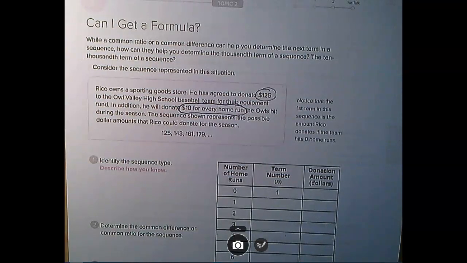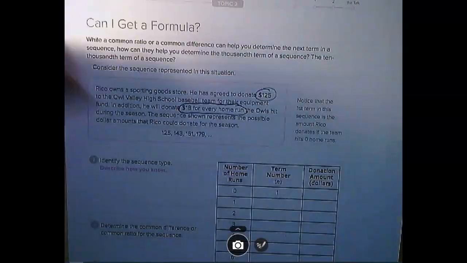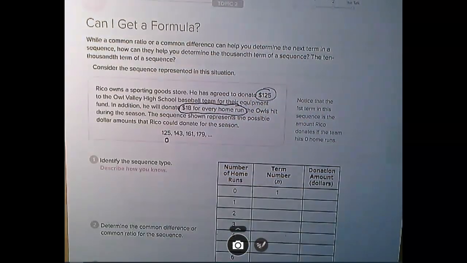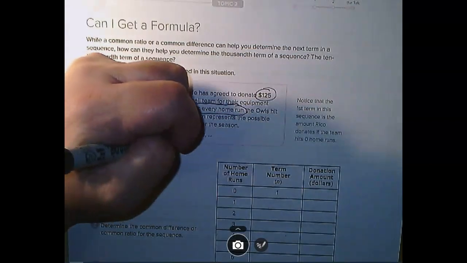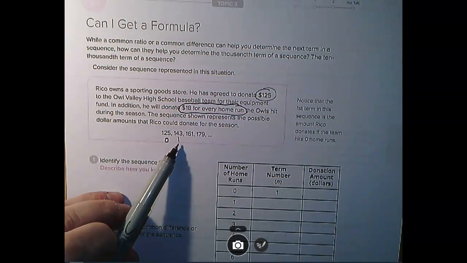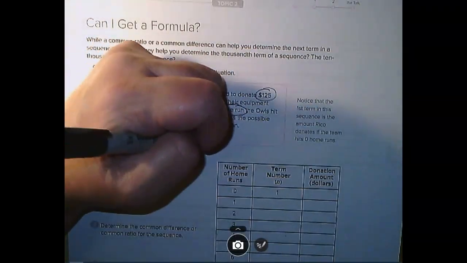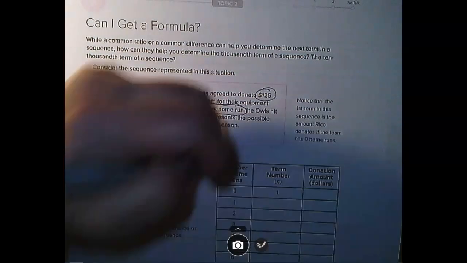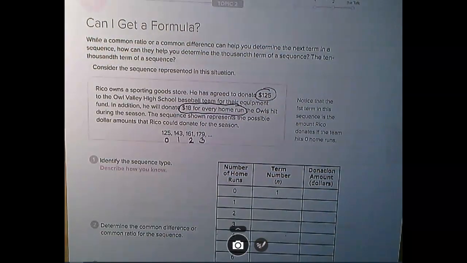He'll donate $125 plus $18 for every home run. So if they do 0 home runs, he'll donate $125. If they get one home run, he'll still donate the 125, but he'll also add on $18 more. If they get 2 home runs, if they get 3 home runs, that's how much money Rico will donate.